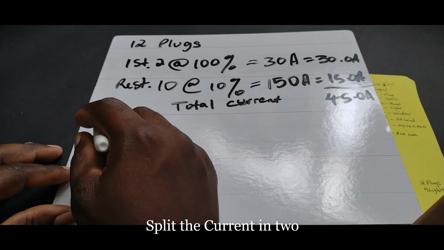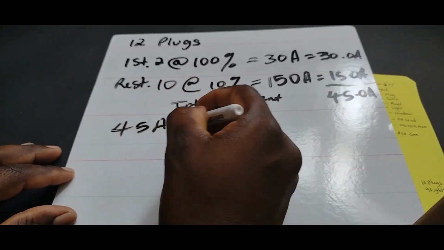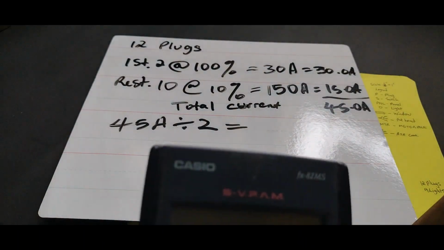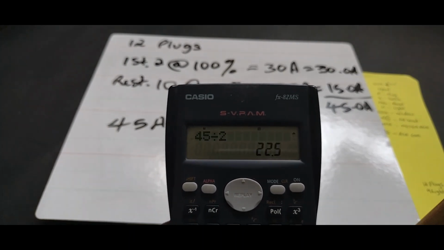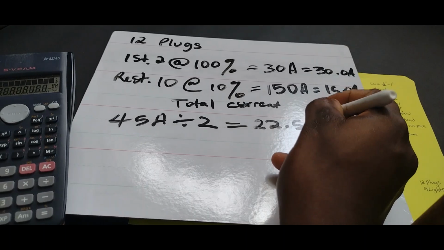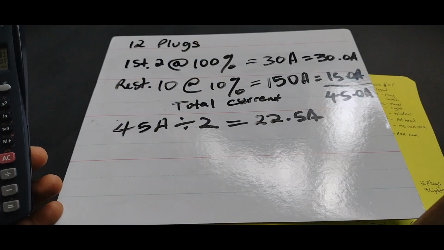So that's 45 amps divided by 2. Use our calculator. That's 22.5 amps. How much would each plug be carrying on average?